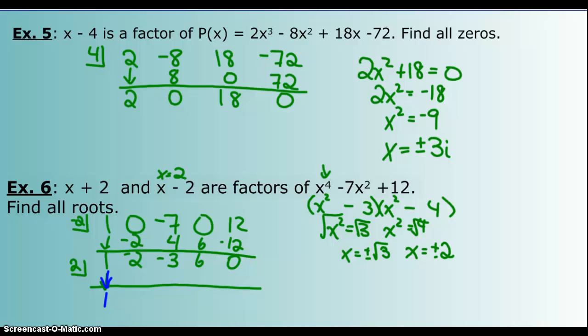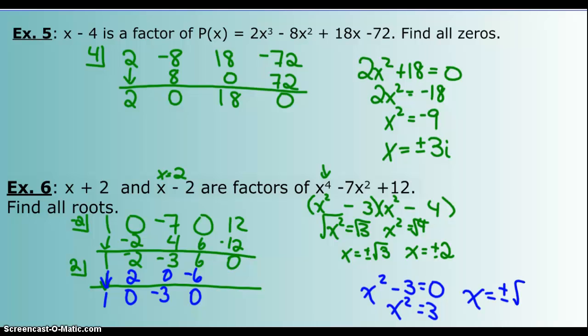So I have 1 times 2 is 2, negative 2 plus 2 is 0, anything times 0 is 0, negative 3 times 2 is going to be negative 6, perfect, perfect, perfect. So we already see the plus or minus 2 that we were expecting, and then the x squared minus 3 equals 0. Move the 3 over and take the square root. You're going to get plus or minus radical 3. So that all matches up, which is awesome.